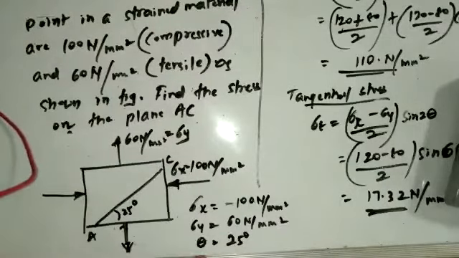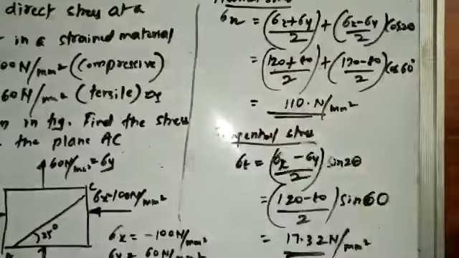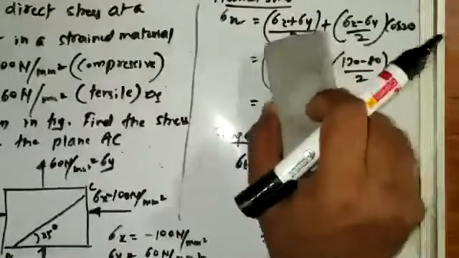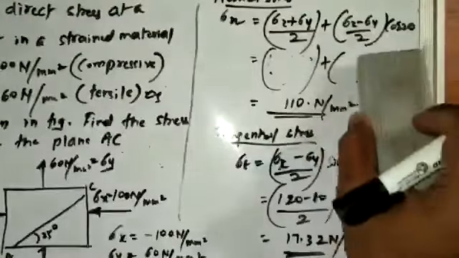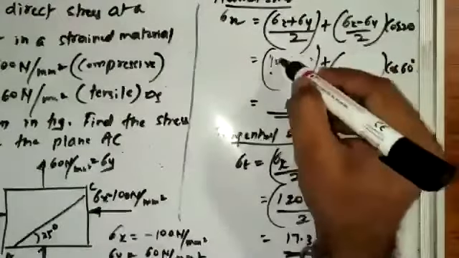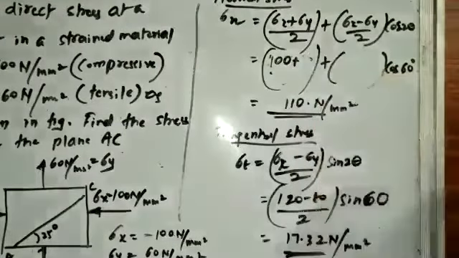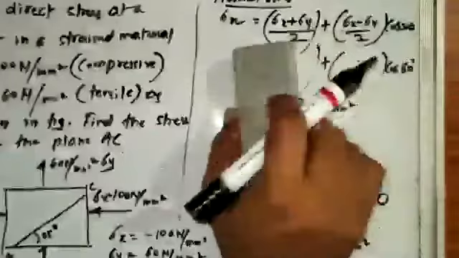Is that clear, all of you? Yes, sir. Now apply the same formula, but with one change: instead of tensile, you have compressive. 100 is negative, right?